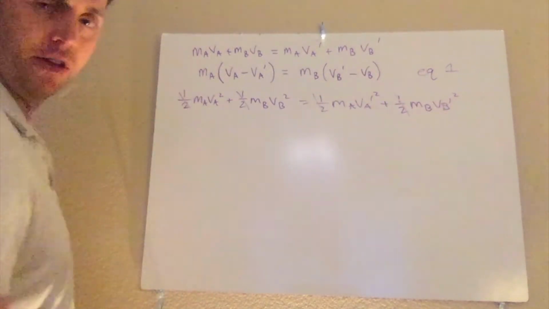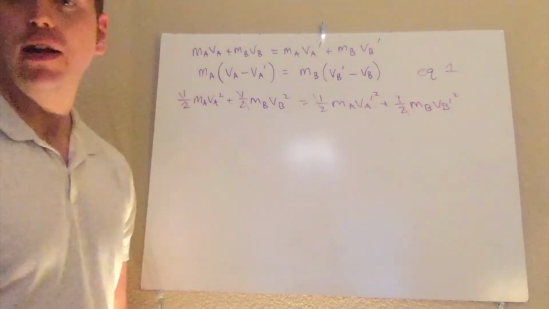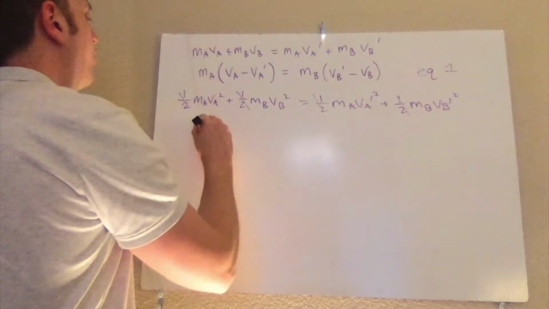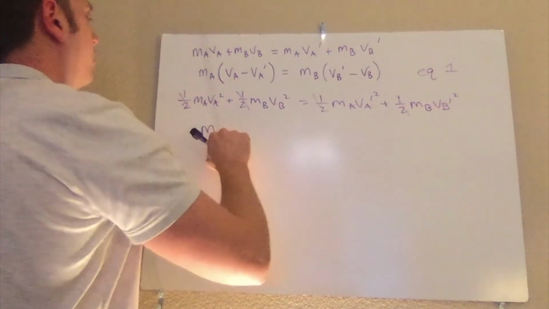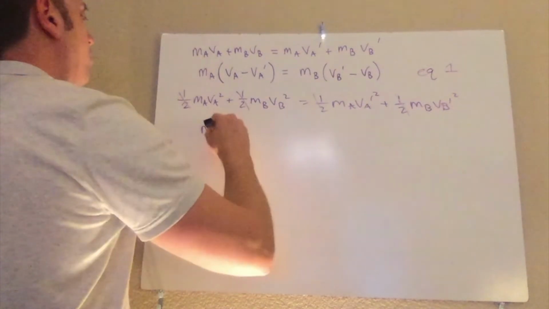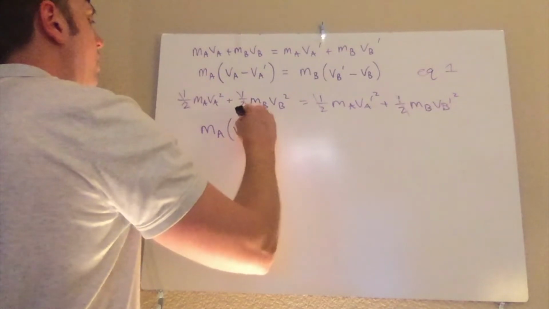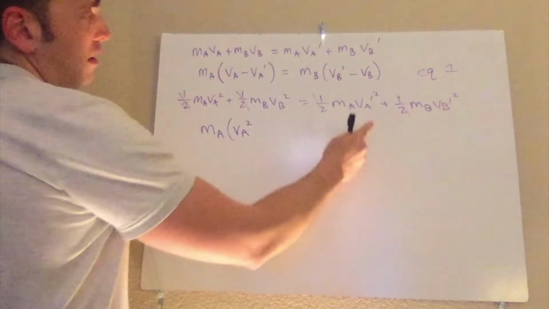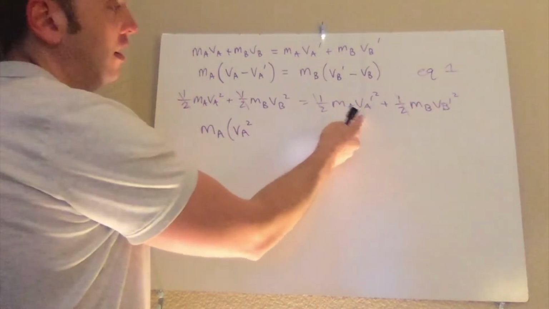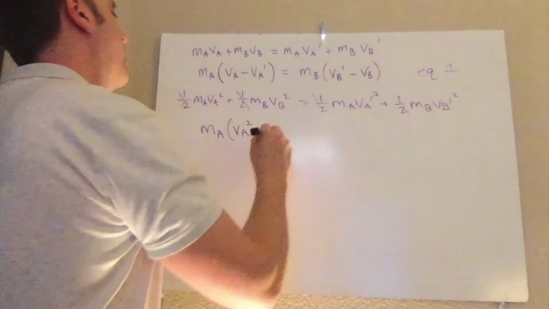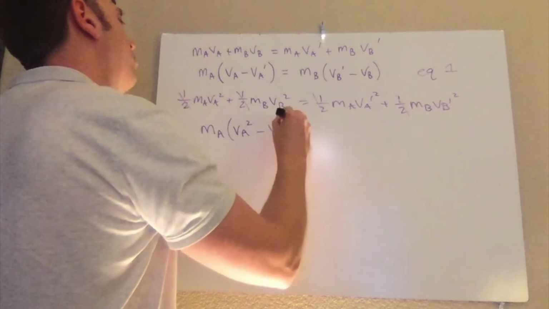So how about, just like before, we want all the A terms on the left side, we want all the B terms on the right side. So I'm going to have MA, which is already on the left side, multiplying VA squared. Okay, if I subtract MA VA prime squared from both sides, I move it over here, so now it's negative VA prime squared.